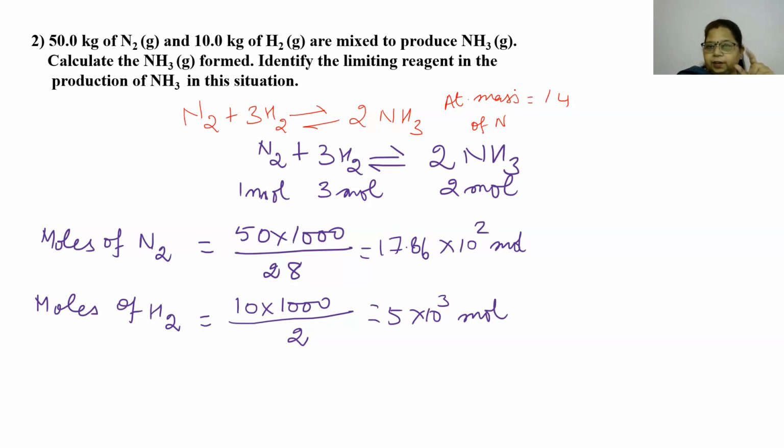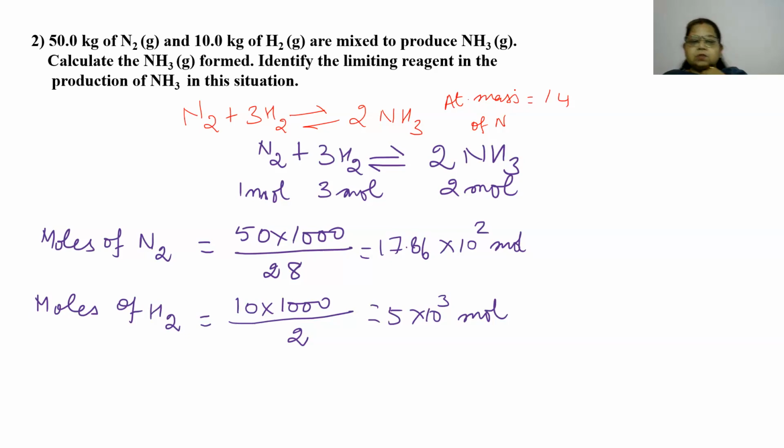For nitrogen, I have given you 50 kgs. So it has to be 50 into 1000 divided by 28 because it is nitrogen N2. Had it been only N, then you should have divided by 14. So in this case, you have to divide it by 28 to get 17.86 into 10 to the power 2 moles.